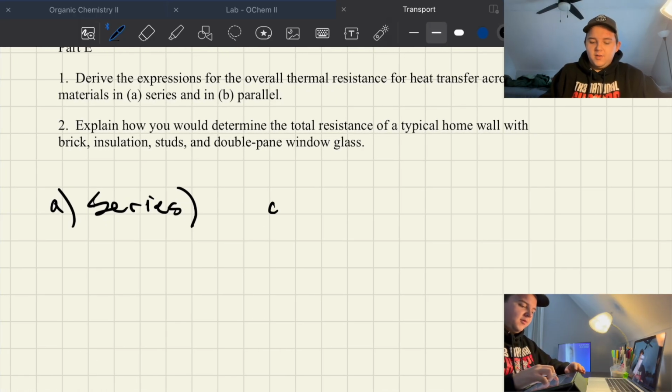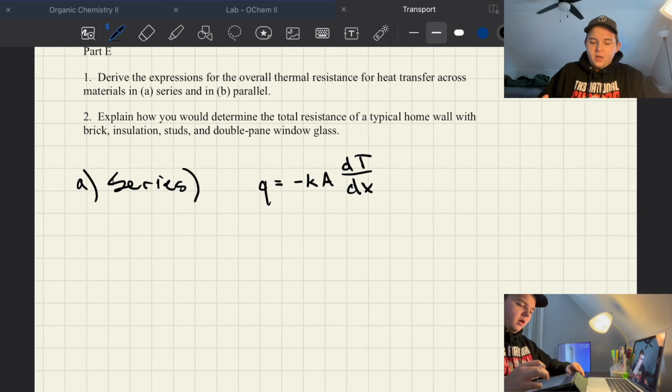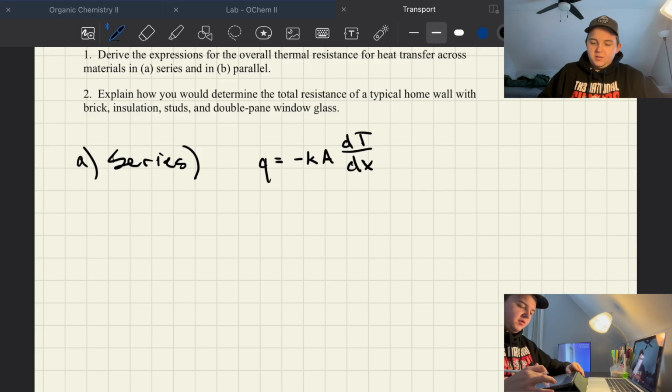Okay, so like always, we're going to start with our Fourier's law. So we're going to have Q is equal to negative KA dT dx. And since this is just going to be a plain wall, since we're just using an example, we don't need the negative, so we can further simplify the problem.